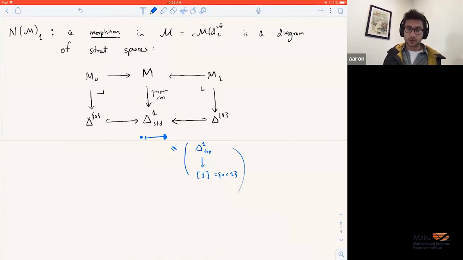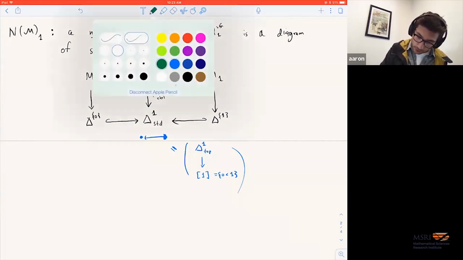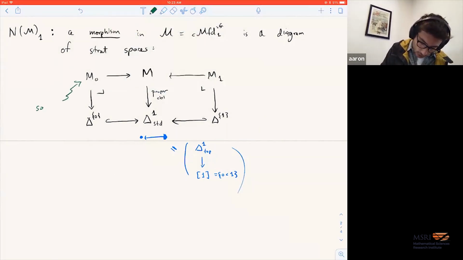So a stratified space is in particular a topological space equipped with a continuous function to a poset. And this is an example of such a thing. So this right here is the source of the morphism. This right here is the target of the morphism.